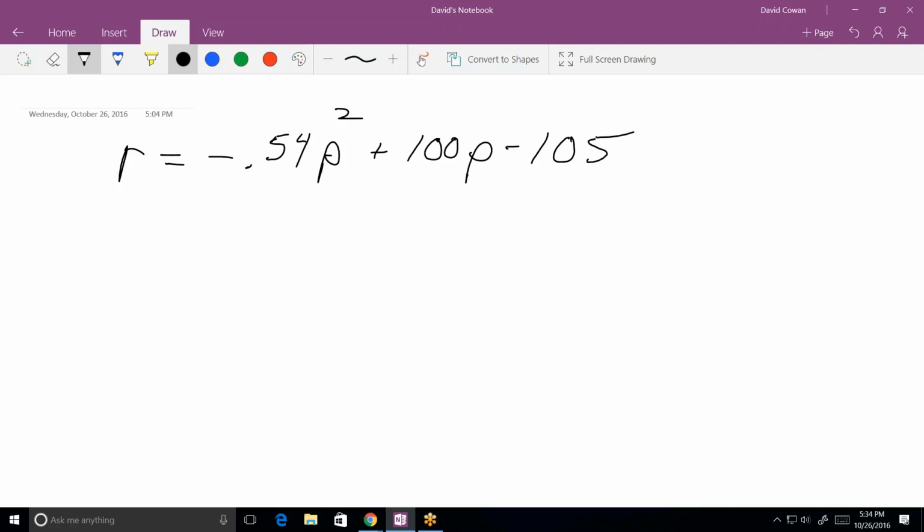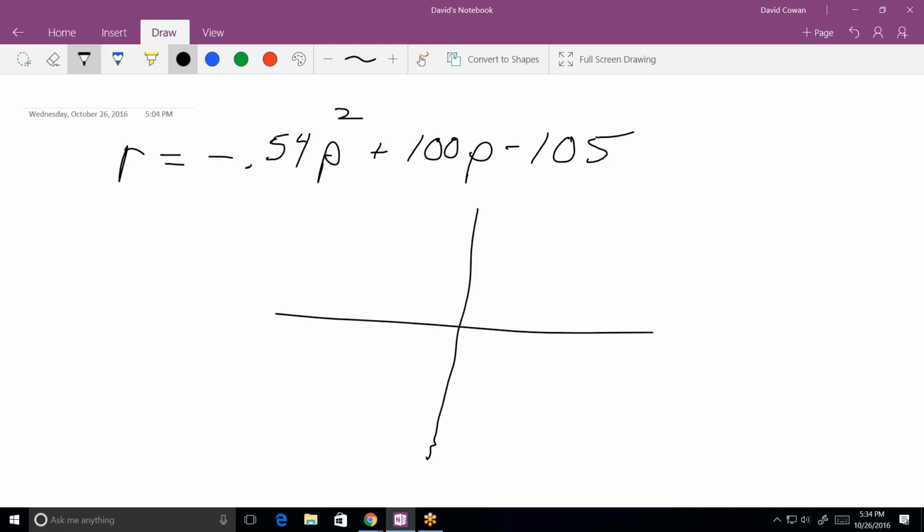Then it says, using your Inspire, what is Tony's maximum revenue? All right. We don't need to use the Inspire for the moment. Let's look at what we're looking at. That's a quadratic, right? What kind of graph is that?